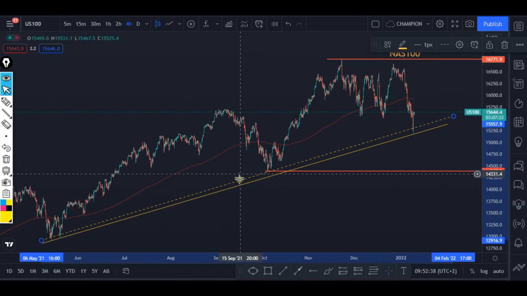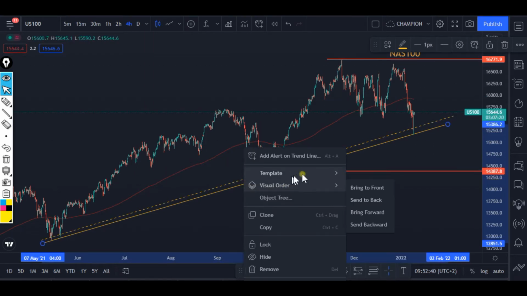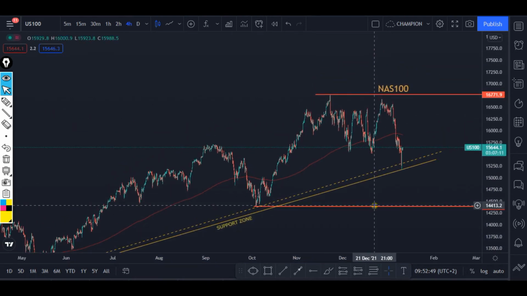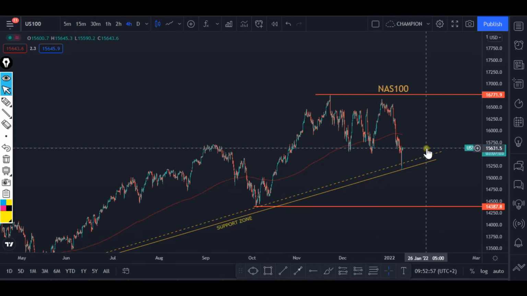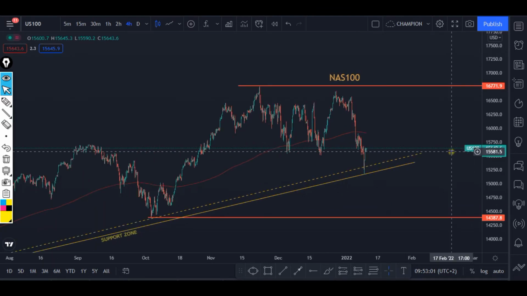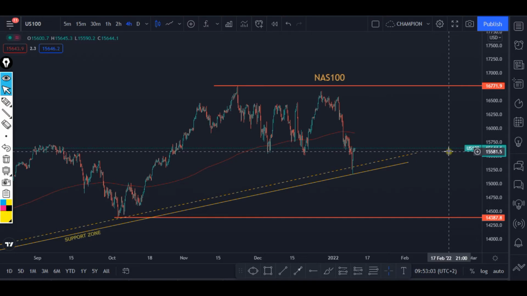I'm gonna label it our support zone. This is our overall support zone. Don't forget that the market is moving with areas and trend lines, moving in horizontal support, moving inside your horizontal resistance.